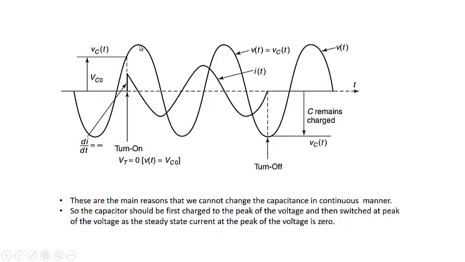That means we have to first charge it up to the peak value of the input voltage, and then give the firing pulses at this point, because you can see at this point the steady state value of the current will be 0. It will not change here from 0 to infinity. There will not be any infinite di by dt. So these are the two main reasons which enforce us to have the thyristor switched capacitor and not the thyristor controlled capacitor.